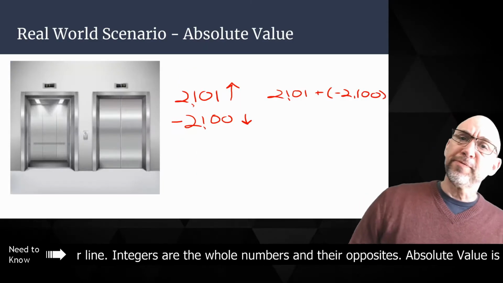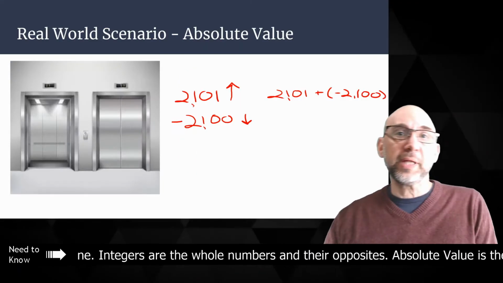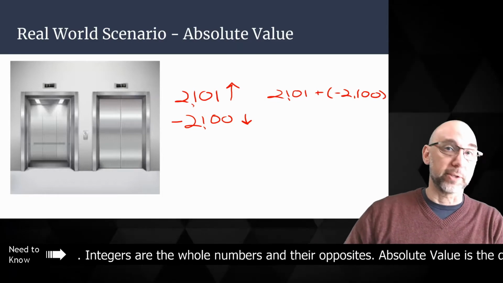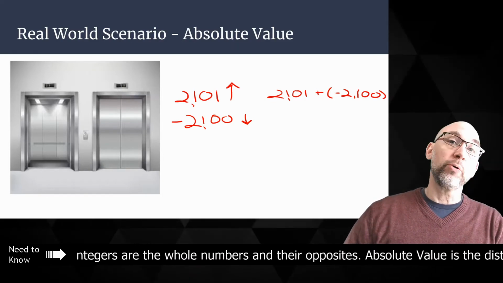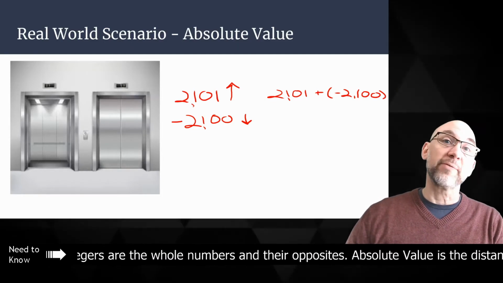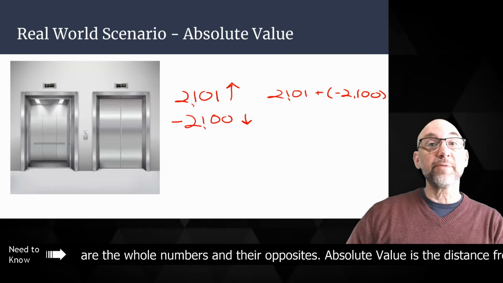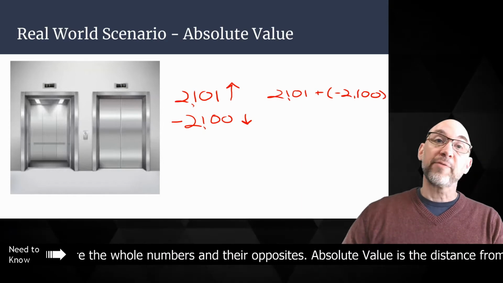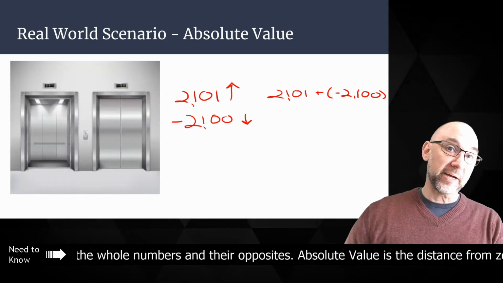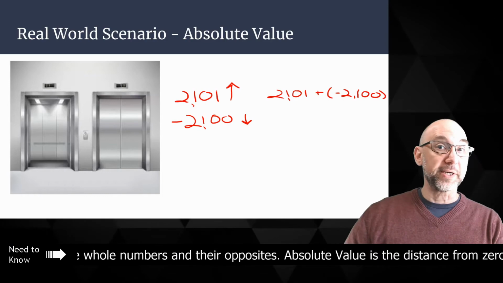What about absolute value in the real world? Well, imagine that you are running a hotel or something, right? And you know you need to have your elevator serviced for every 5,000 floors that they travel. And so when you look at the information that the elevator gives you in a digital format, every floor it goes up is a positive value, every floor it goes down is a negative value.